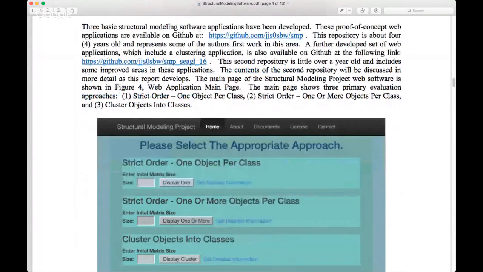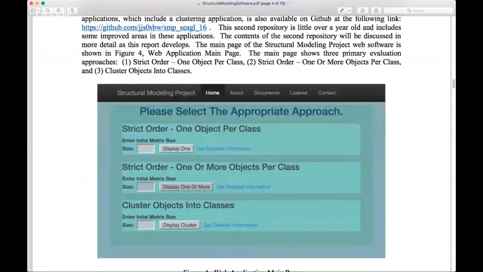The first type was strict order, 1 object per class. That's the hierarchy, single-threaded. And then strict order, with 1 or more objects per class.